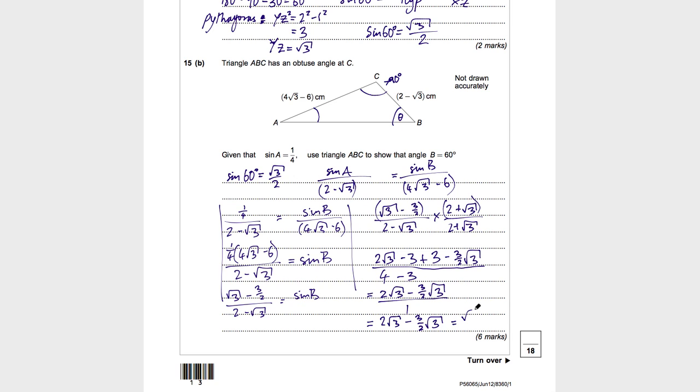That is half √3, which is √3/2. 2 minus 1.5 is a half, so it equals √3/2 equals sine B. √3/2 equals sine B equals sine 60, therefore B equals 60 degrees. Just looking at that and the mess I've made, I'm pretty sure there's a quicker way to get there, but that is my answer. And it does follow, and it does go through.